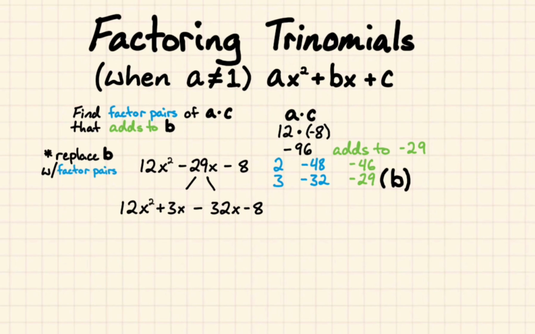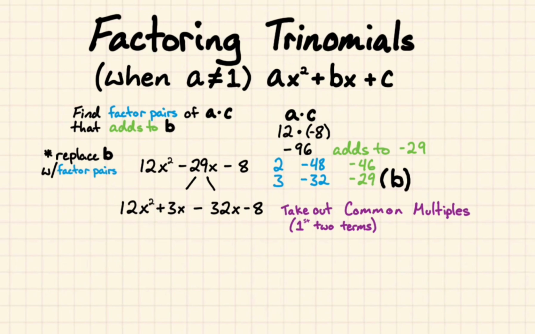Notice how if I combine like terms, I end up with my original expression. But what this does is allows me to factor out. And you'll see you take out common multiples. The first two terms, so 12x squared plus 3x, I can divide both of these by 3x.